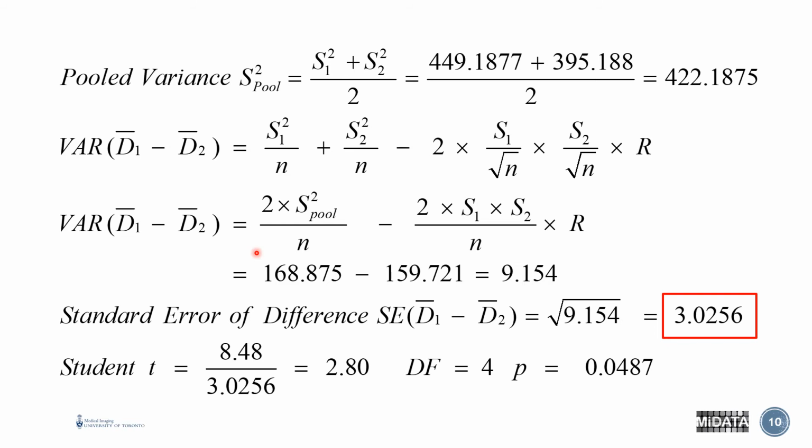Remember I asked you, in the unpaired analysis, remember the standard error, it's 13. Well, that would be this value right here. The standard error of the difference would be 13 for unpaired.